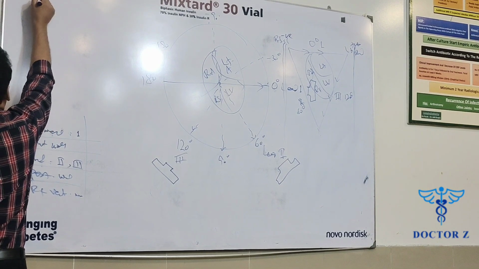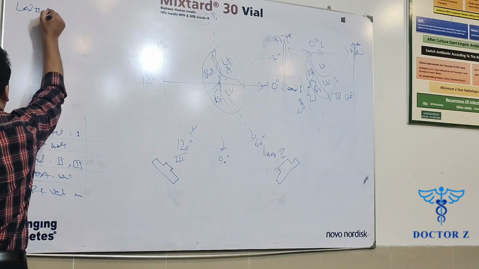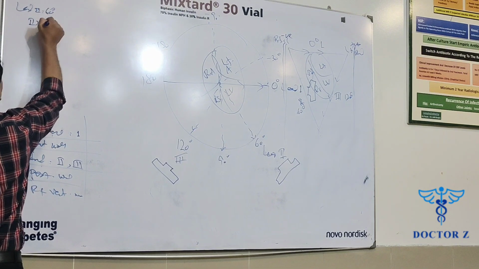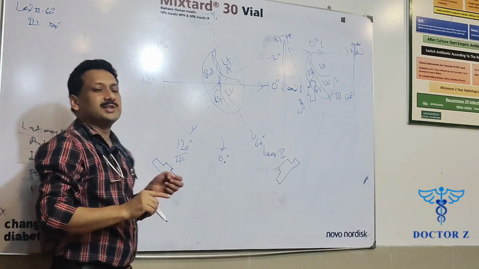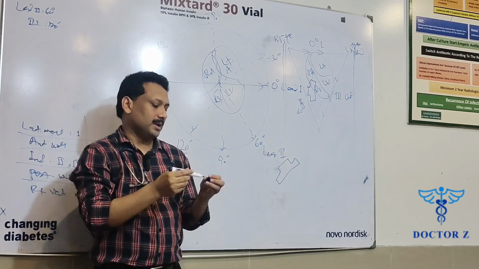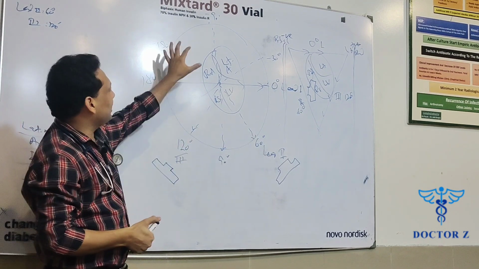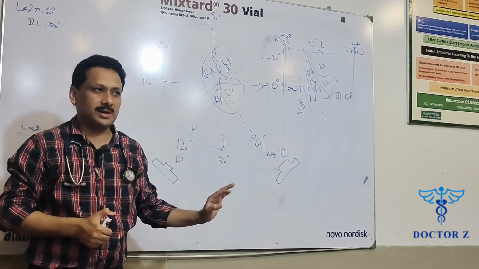Lead 1 at 0 degree, lead 2 at 60 degree, lead 3 at 120 degree, and then the next 3 leads are AVF, AVR, AVL. First, what we did, we basically drew that 360 degree circle.